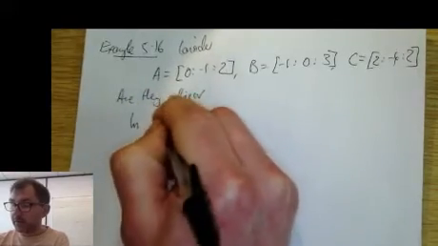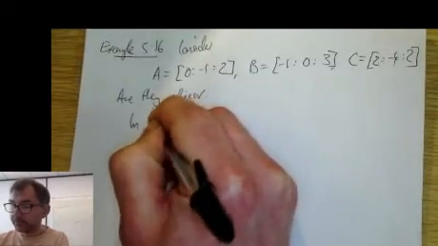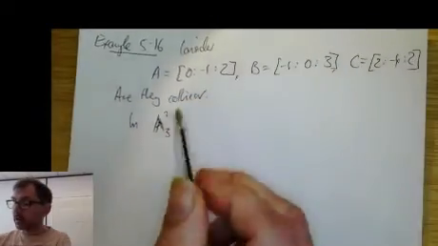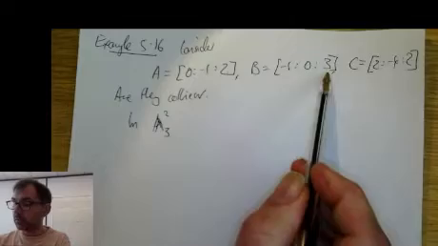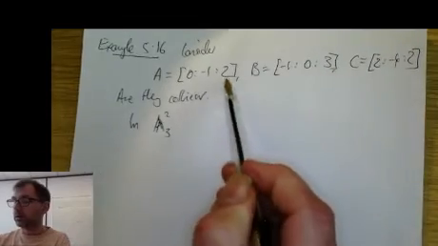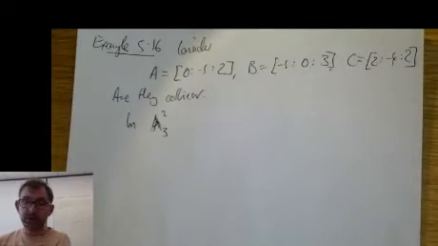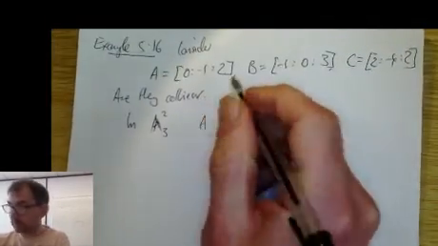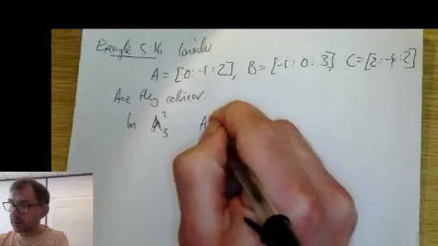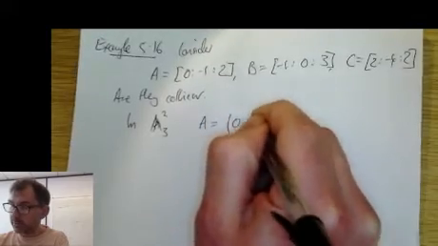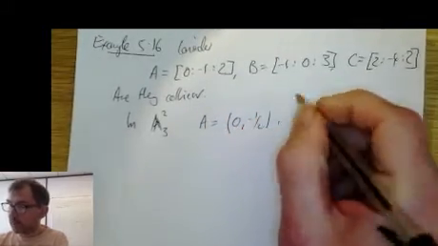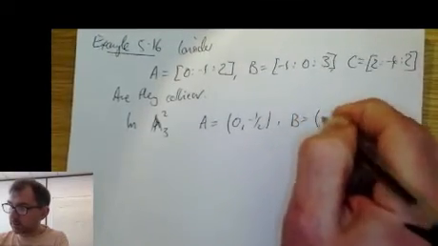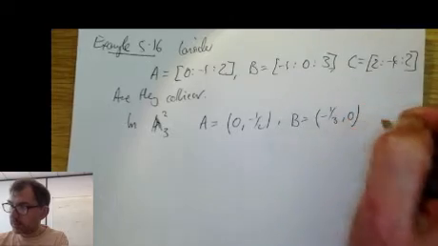So in the affine chart, A23, I've chosen this because I know all of these final coordinates here are non-zero, so I can divide by them. So in that case, A is equal to (0, -1/2), just dividing by this last one. B is equal to (-1/3, 0).